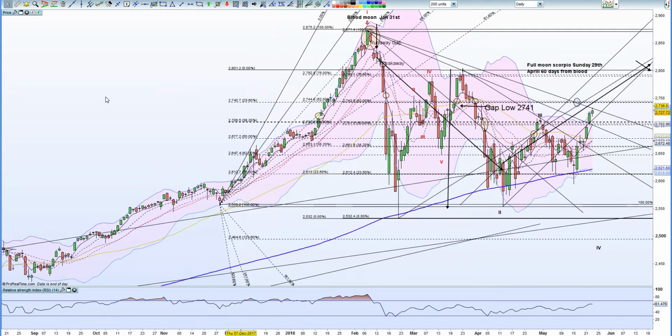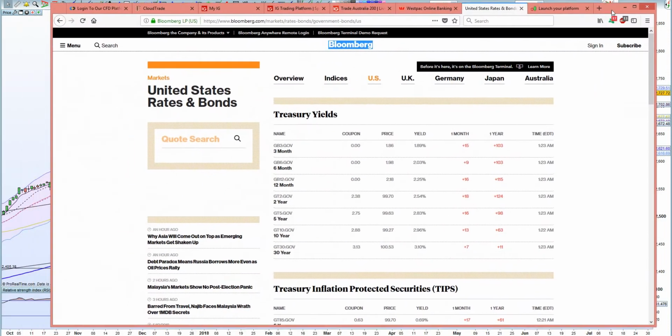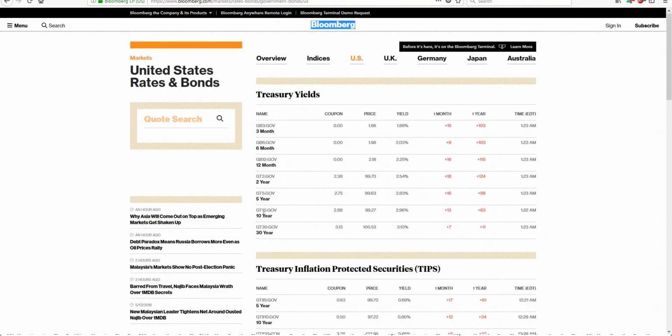Now I find it just a bit extraordinary that, as I said, all the market participants are bullish, but we still have the 10-year at 296. And then we compare it to the 30-year, which is at 310. We've got what they call a flattening yield curve between the 10 and the 30-year.